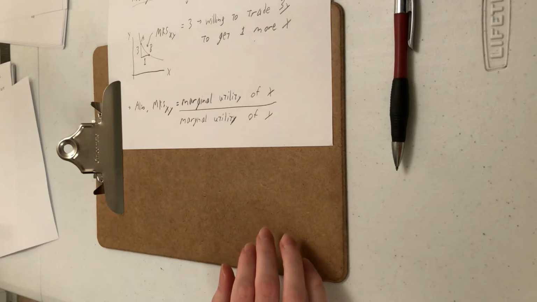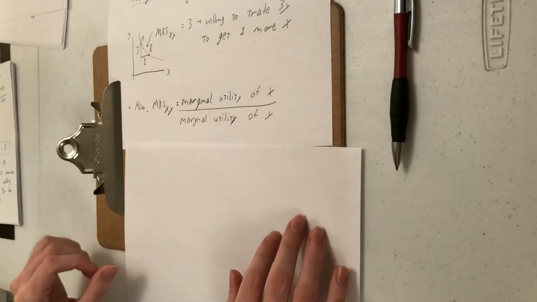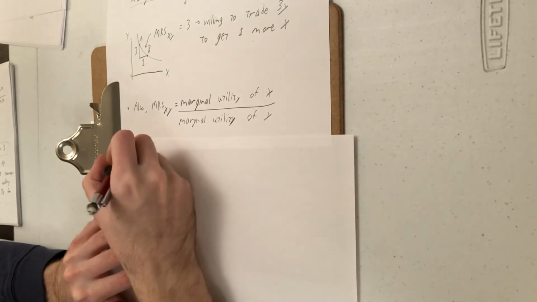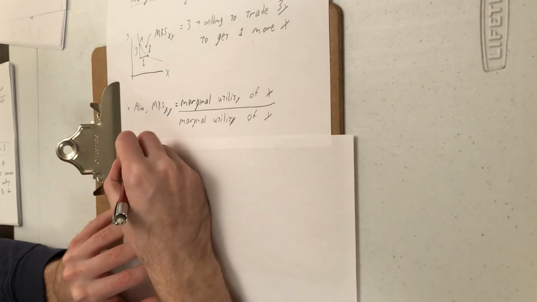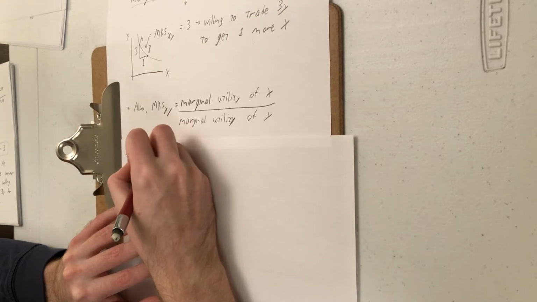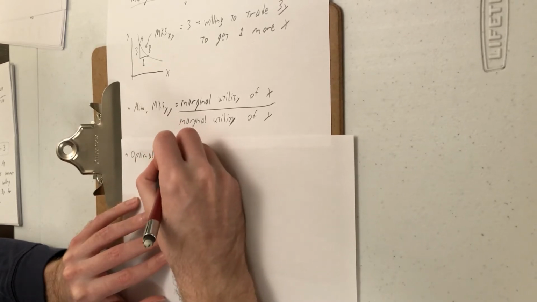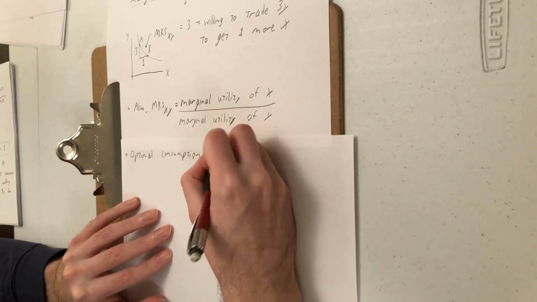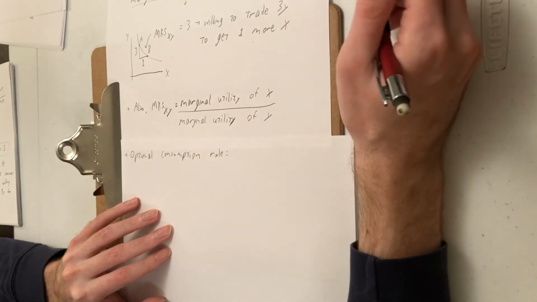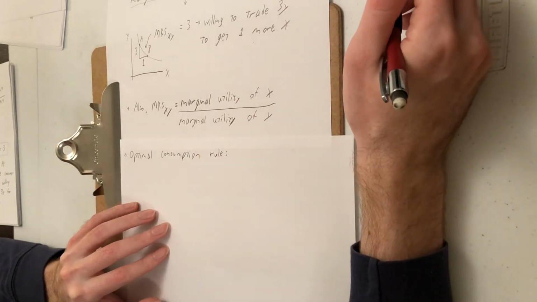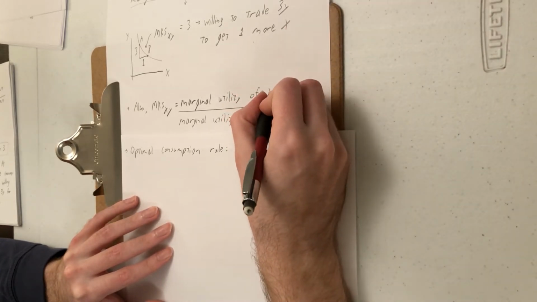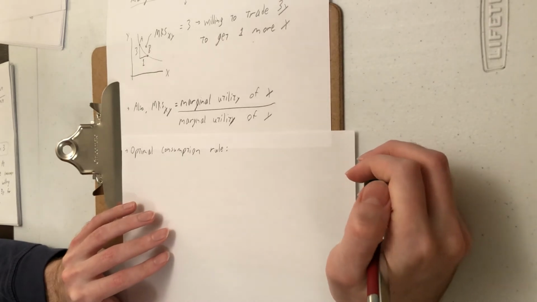The marginal utility ratio is something we've actually seen before. Way back in chapter 16, we had this optimal consumption rule. So remember, the idea was we were trying to figure out what's the best a consumer can do for themselves while staying within their budget.